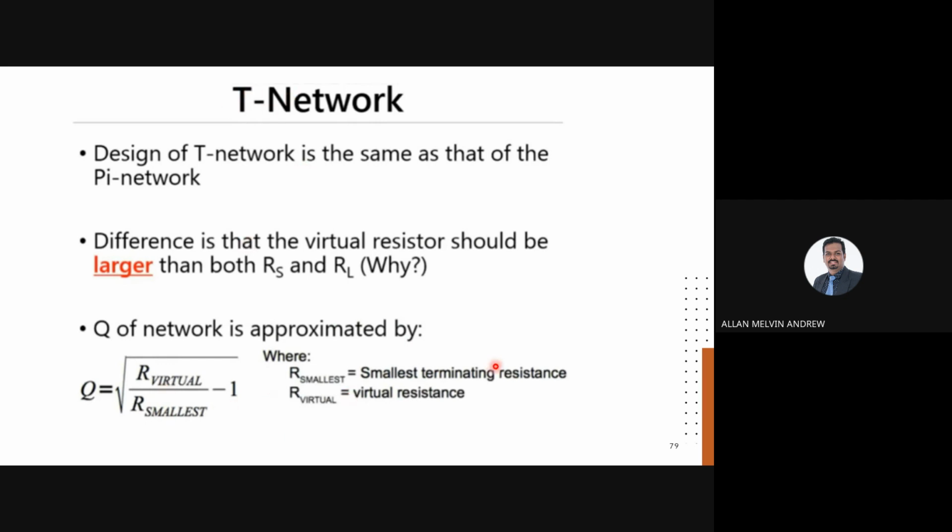The terminating resistance is somewhat like a virtual resistance, but it is fixed in the circuit. That's another difference between the T network and the pi network. We are not really looking into this terminating resistance, but just for your understanding, we calculate the quality of the network using this formula.